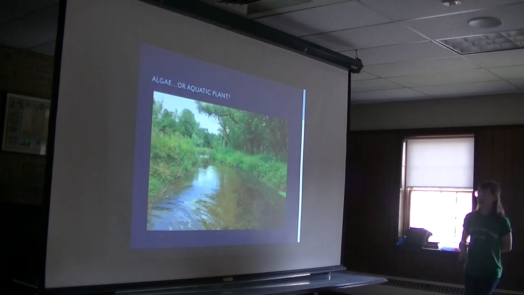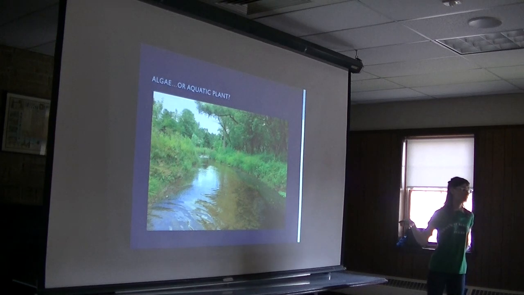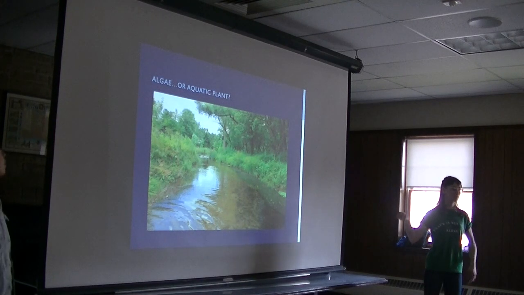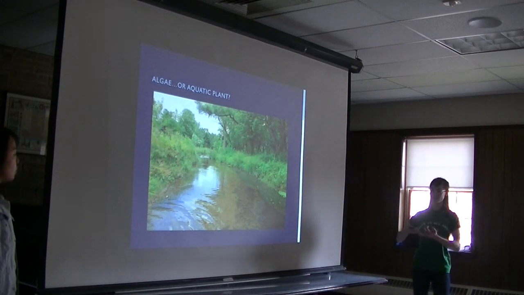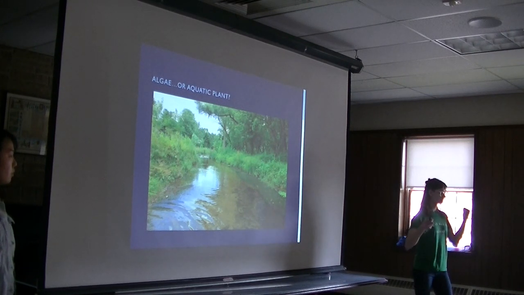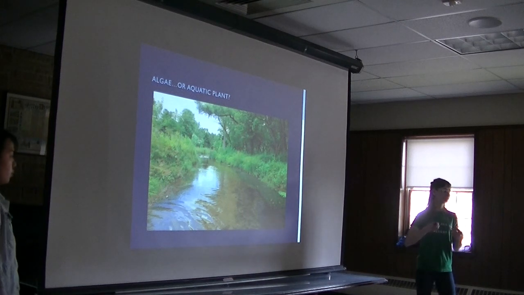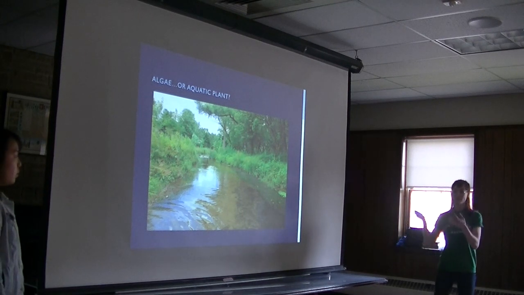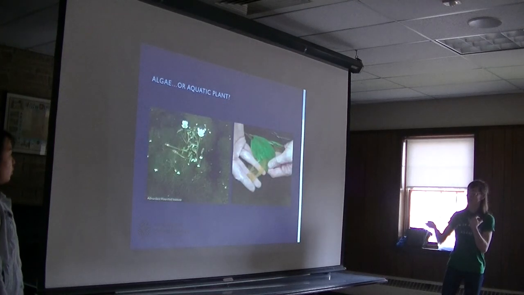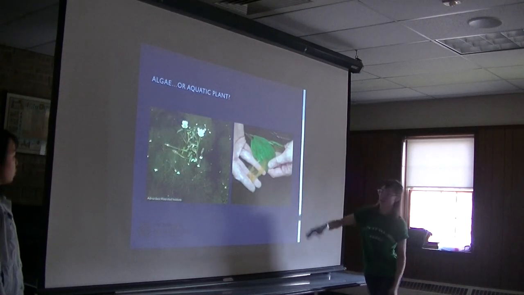Okay, so sometimes it's difficult to tell the difference between algae and other plants like moss or aquatic plants. So we'll go through and try to look for plants or moss in the stream. But what you're really looking for when you're comparing plants to algae are leaves with algae growing on them.